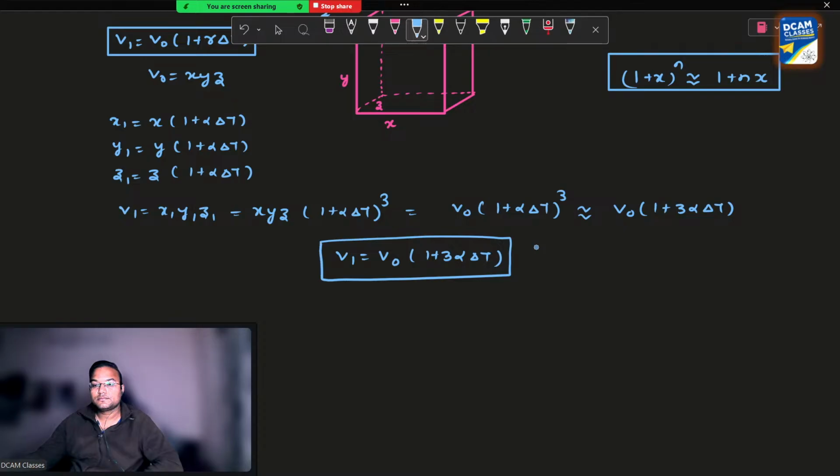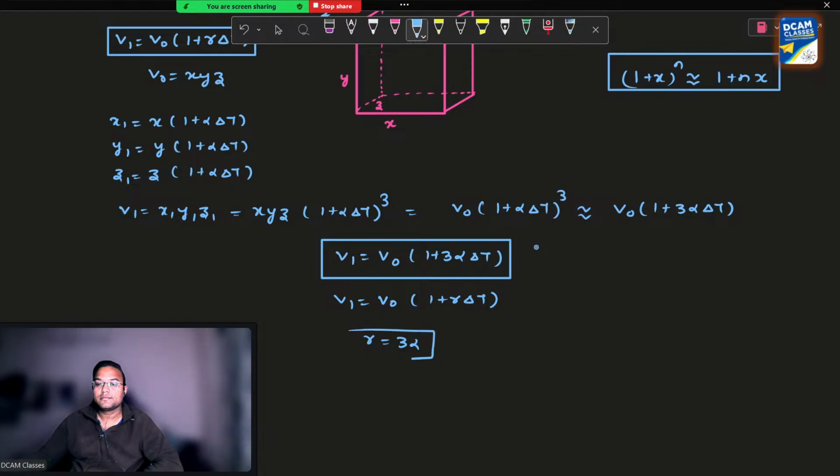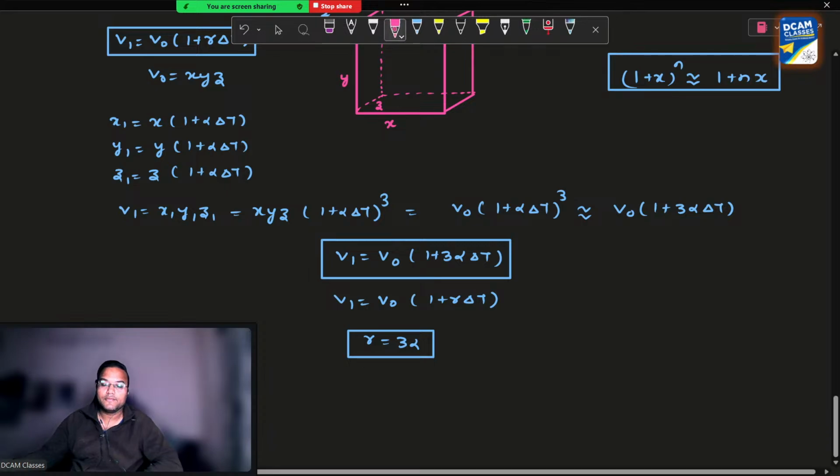Now, when this is compared with V1 is equal to V0 into 1 plus gamma delta T, gamma becomes equal to 3 alpha. Gamma is the coefficient of volume expansion.